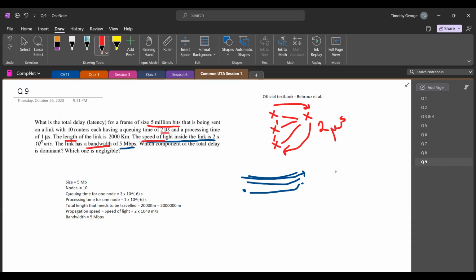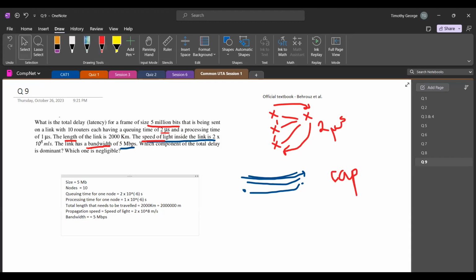We saw that in a previous question. The total capacity per second is 5 megabits per second, and the speed of light is this much. So we will need this information, as we saw.